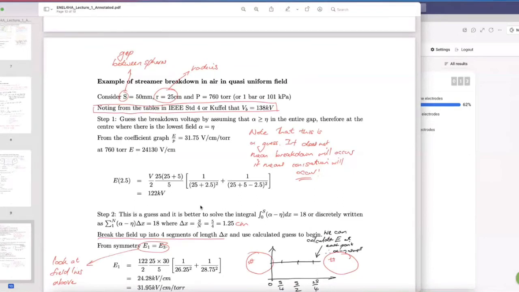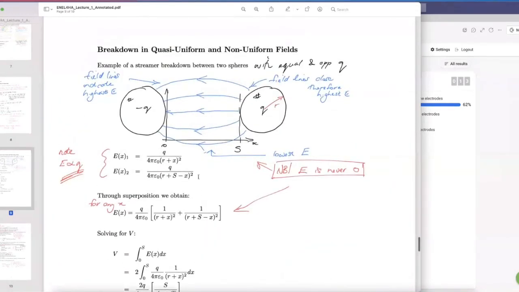So the first step in looking at breakdown, the first thing that we're going to do is assume that alpha has to be greater than eta in the entire gap. Therefore, at the center, where there's the lowest electric field, alpha is equal to eta. Right. So I'm saying in the middle here is the lowest electric field.